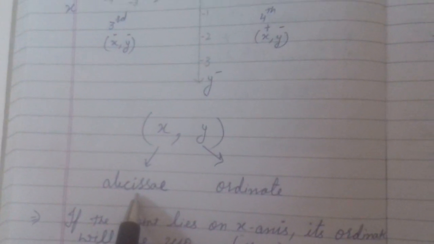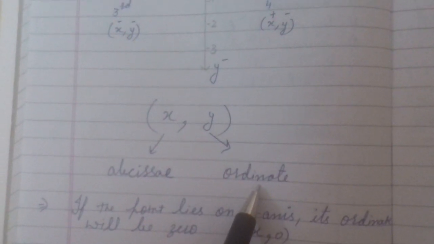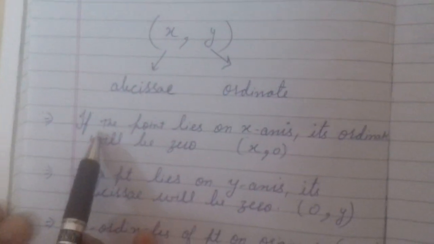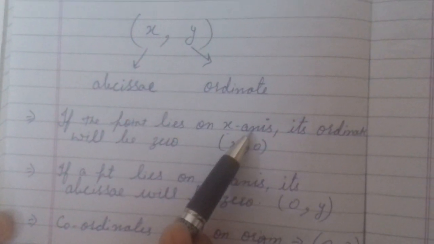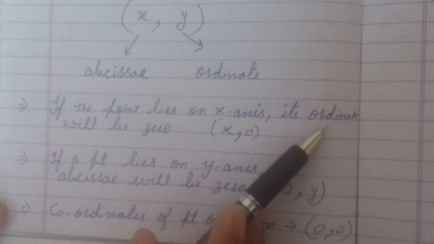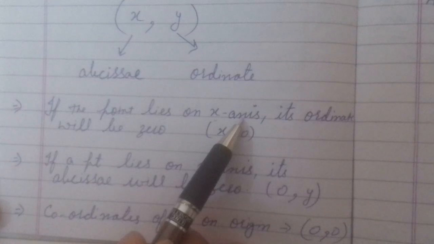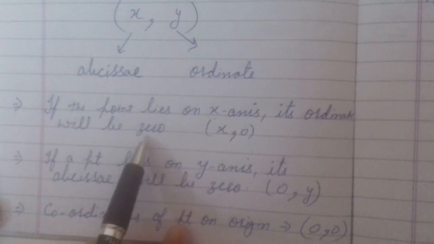You know that the x coordinate is called abscissa, whereas the y coordinate is called ordinate. Then, if the point is lying on the x-axis, its y coordinate will be 0, and the y coordinate is called ordinate. That's why I have written here, if the point lies on the x-axis, its ordinate will be 0.